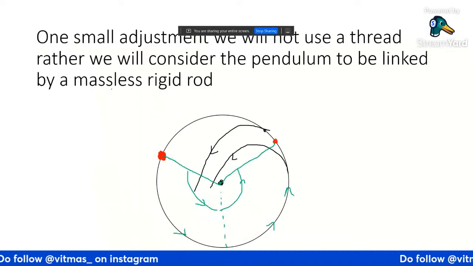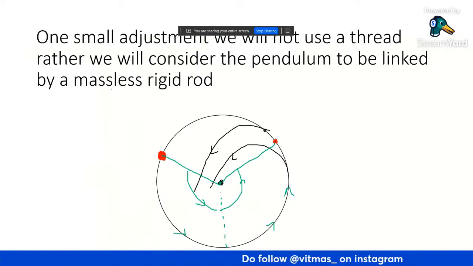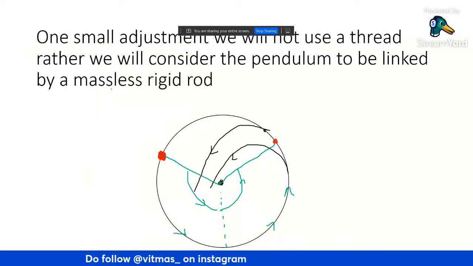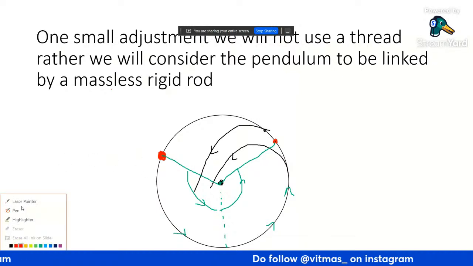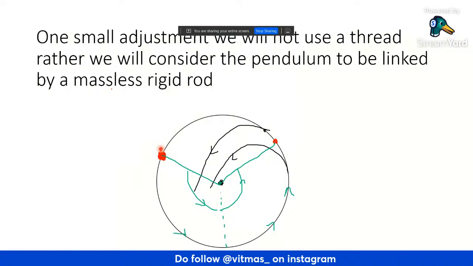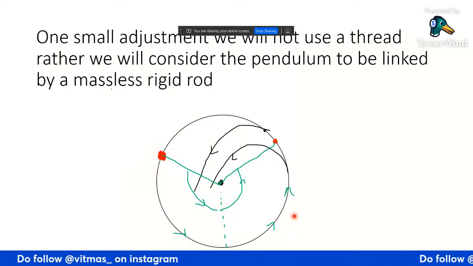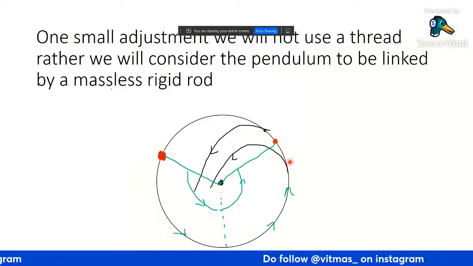Cool. But one small problem that we face is that if we take a thread, the main issue is, if you look at this diagram, if I drop the pendulum from here, it will go in a circular path. That's good. But after some time, when it reaches this portion, it will become a parabolic path, right?